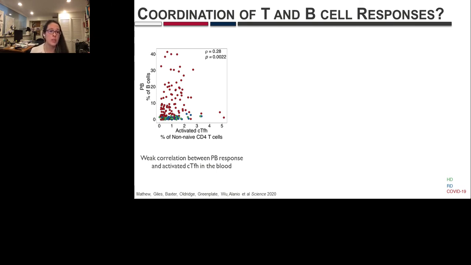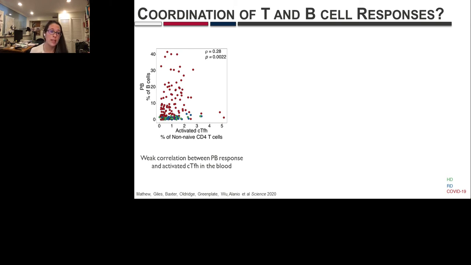So next we wanted to compare directly the plasmablast response we saw in the blood with this activated CTFH. And what you can see here is there's a statistically significant but weak correlation between the plasmablast response and the activated CTFH in the blood of our COVID-19 patients.